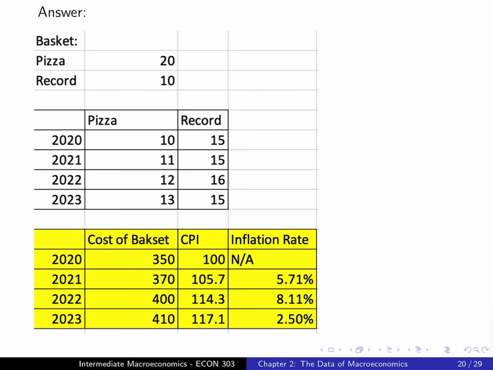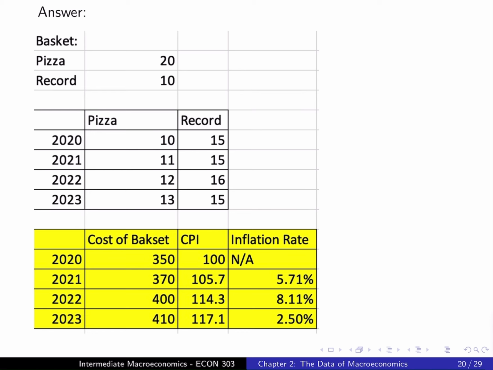2. CPI, using 2020 as the base year. Example for 2021, CPI equals 370 divided by 350 times 100. That equals 105.7. Now compute CPI for 2020, 2022, and 2023 using this formula. Check your work against the answer key when you are done. 3. Inflation rate. The inflation rate from year T1 to T2 is the percentage change in CPI.